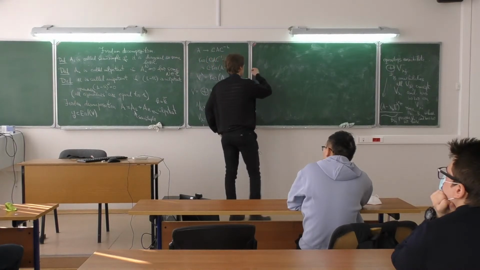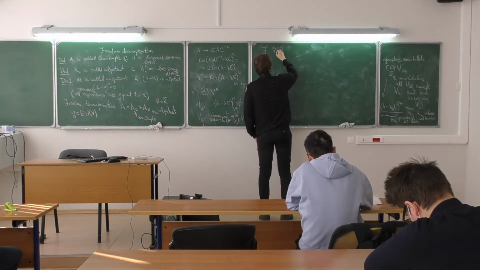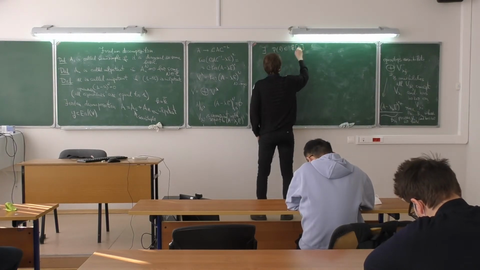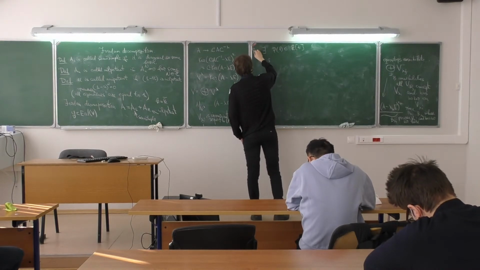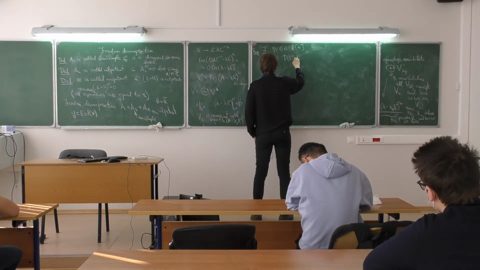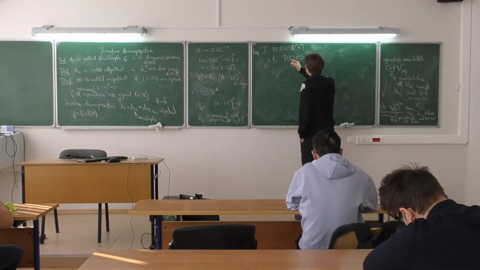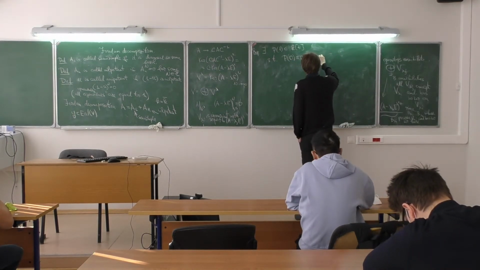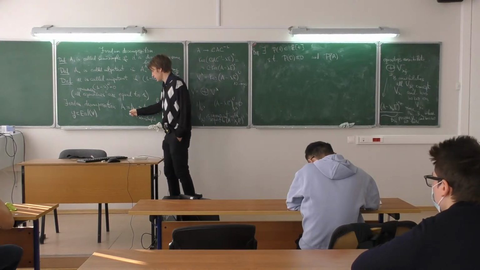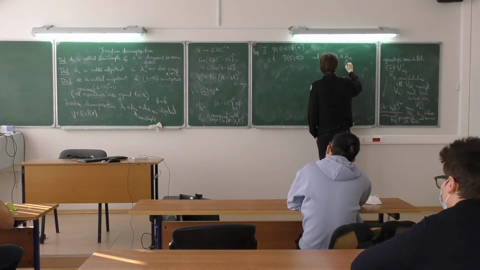The answer is the following proposition: there exists a polynomial P(t) such that P(0) is equal to 0, so its smallest coefficient is 0, and P(A), if you apply this polynomial to your operator, gives you A_S, the semi-simple operator.